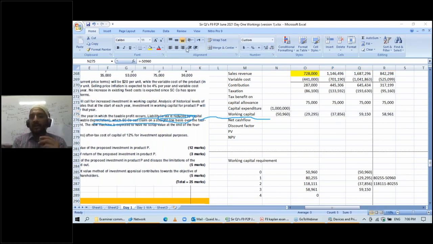It will take a minute more and we end the question. So you get the net cash flows for the years, and now we'll calculate the present values, and the discount rate is 12%.